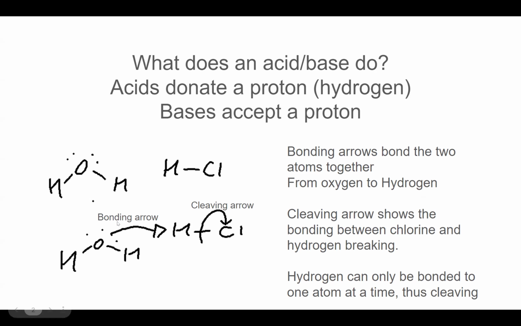While water has 2 lone pairs and 2 bond pairs, bonding to 2 hydrogens. However, because water is more basic than HCl, it's going to pull the hydrogen away, thus cleaving the HCl bond.